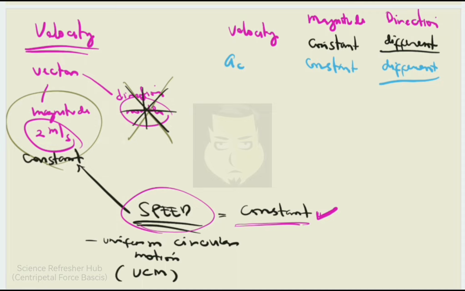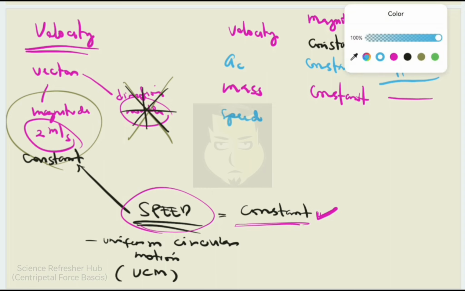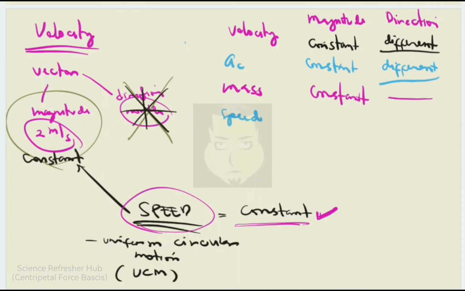We have mass of the object. It's constant, and mass doesn't have direction, so yeah, it's constant. And then we also have the speed. The speed is constant since speed is a scalar, not a vector, so no need for direction, so that's constant.